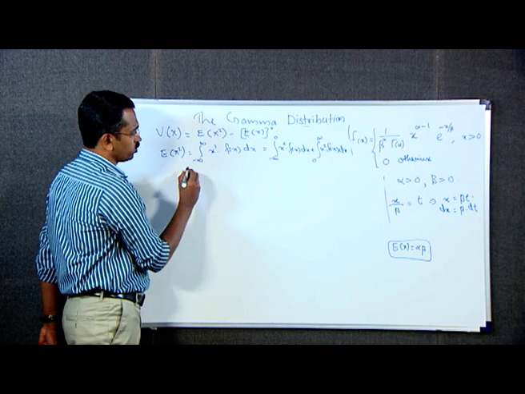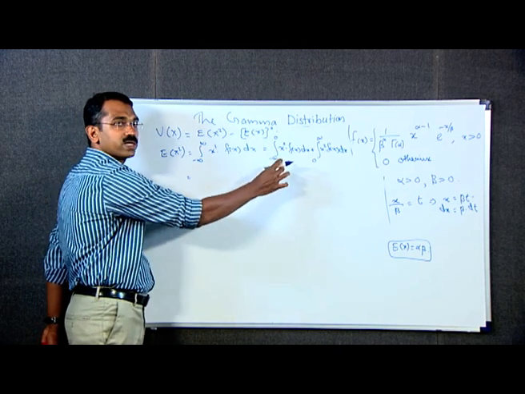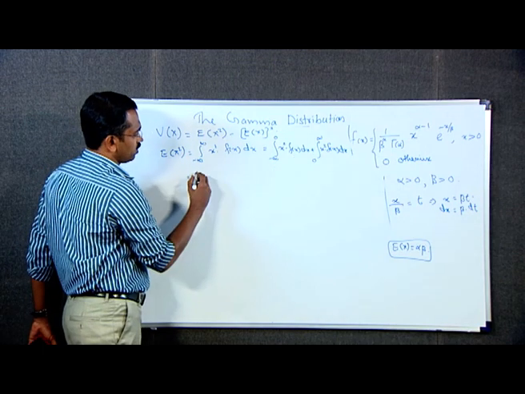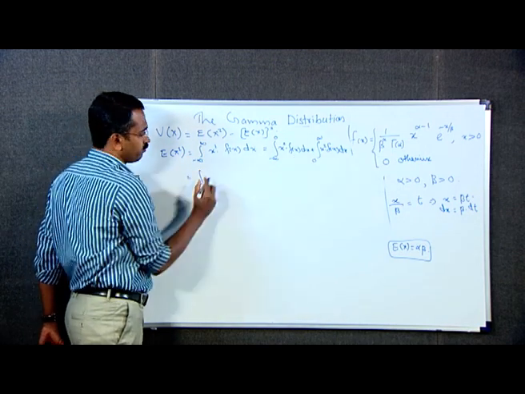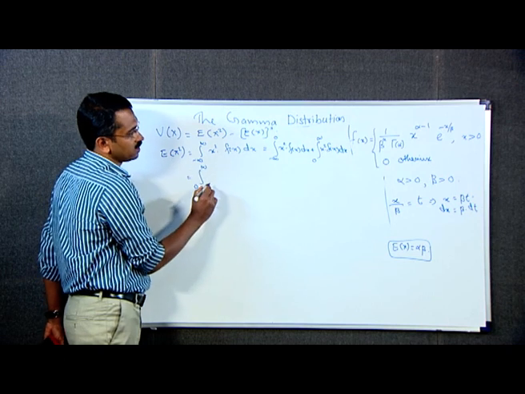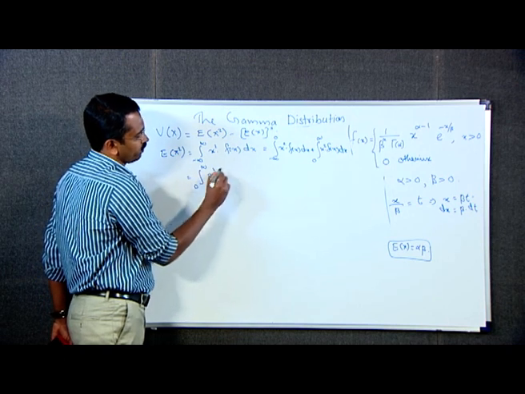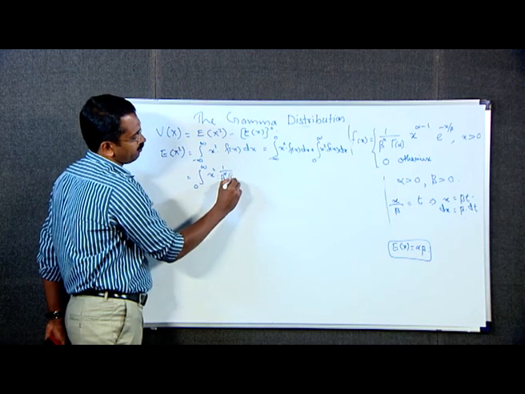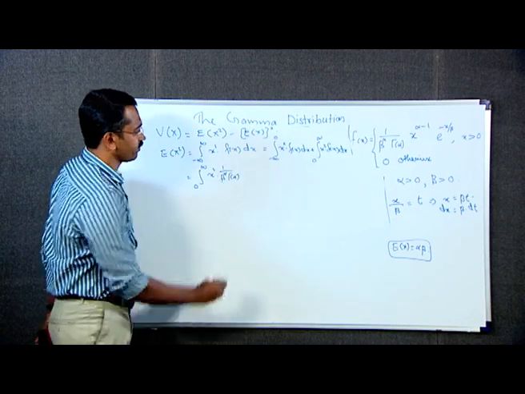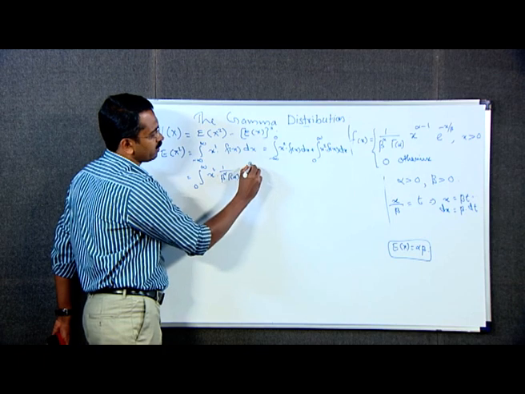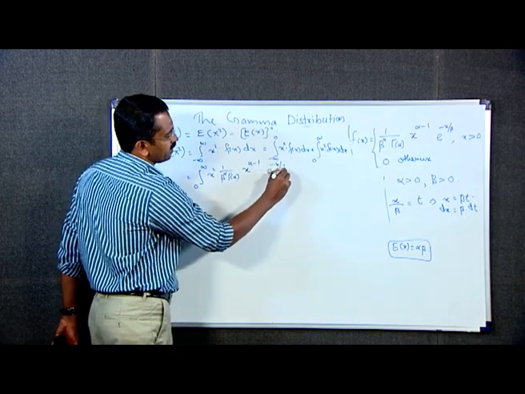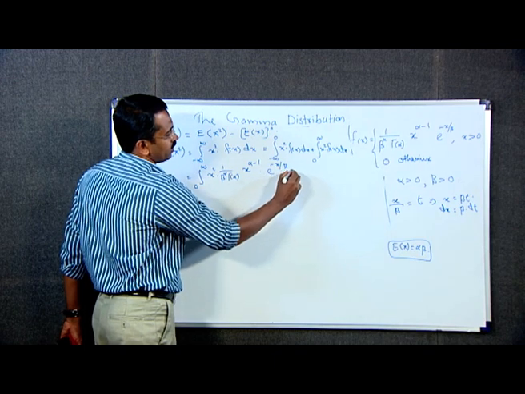Therefore, the first integral will become 0, and we have integral from 0 to infinity x square into f of x, which is 1 by beta raised to alpha into gamma alpha x raised to alpha minus 1 into e raised to minus x by beta dx.